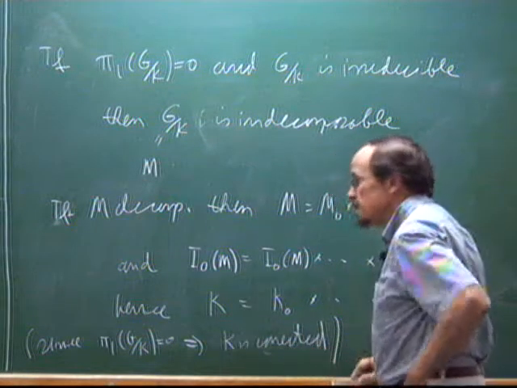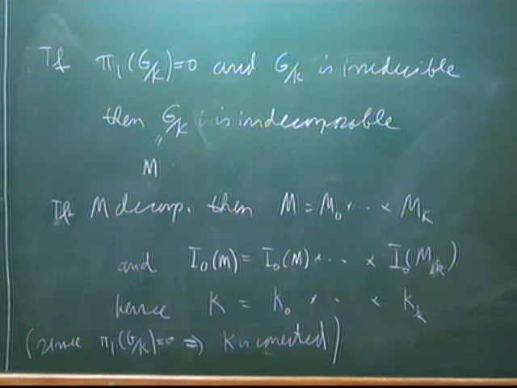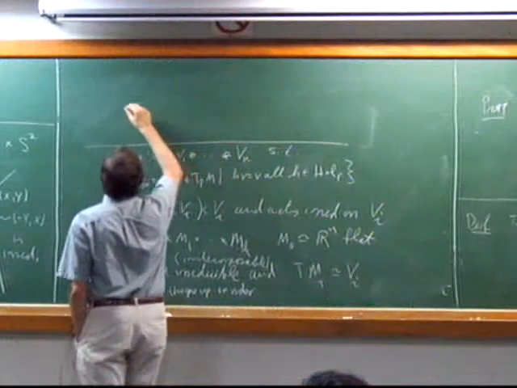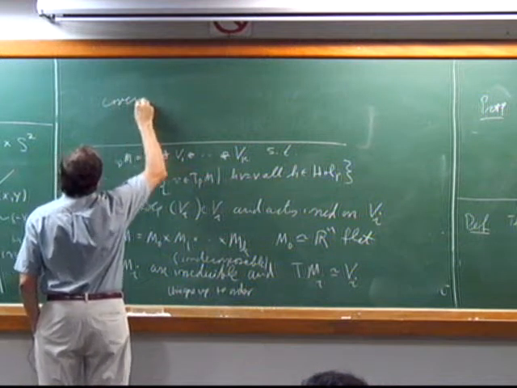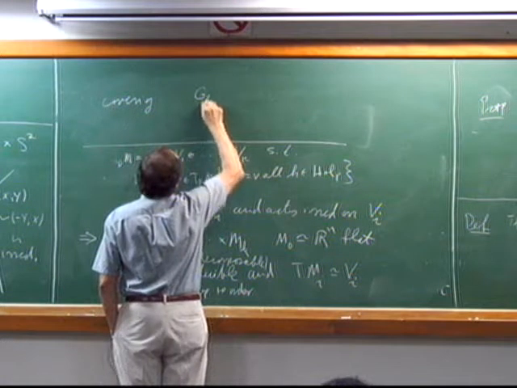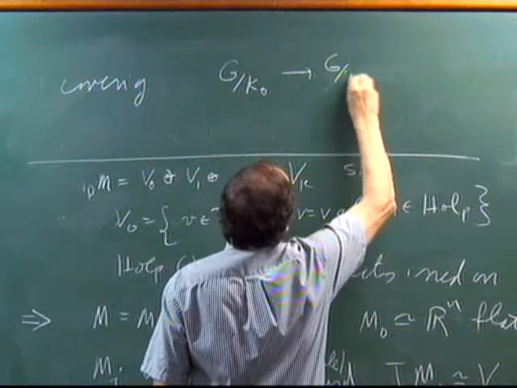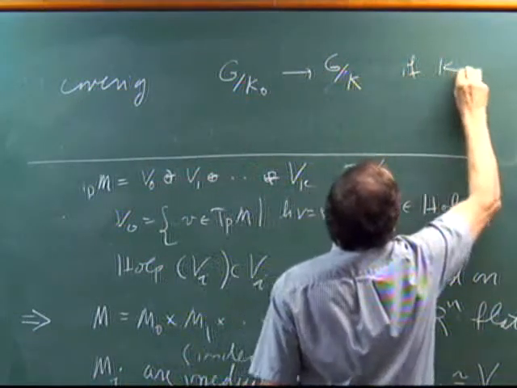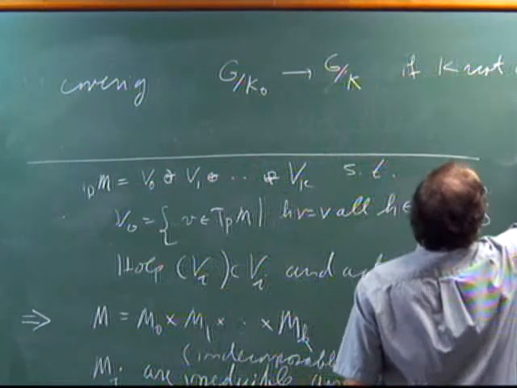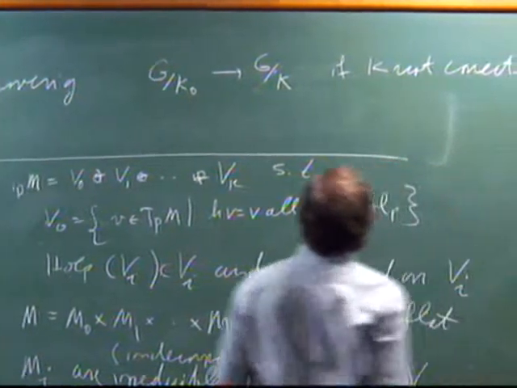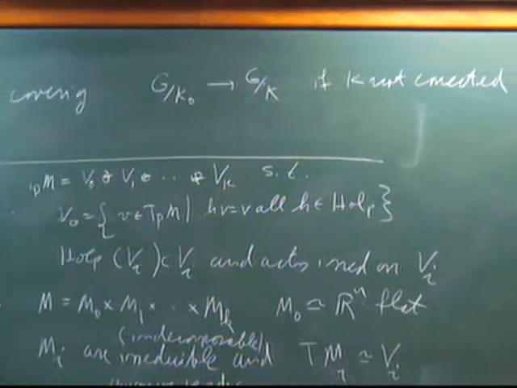So I don't know if you remember this fact over here. This was in fact very easy. Because we always have a covering from G mod K naught onto G mod K, if K is not connected, covering as many components as I have for the group K. Right?